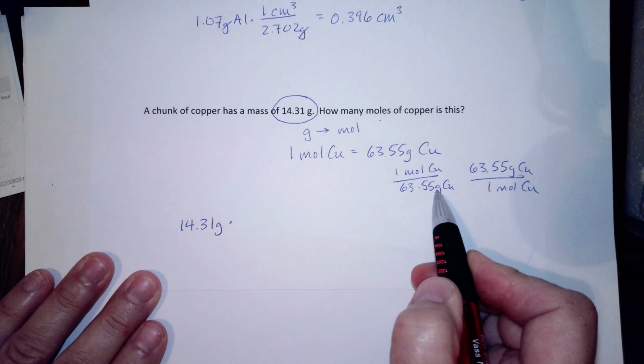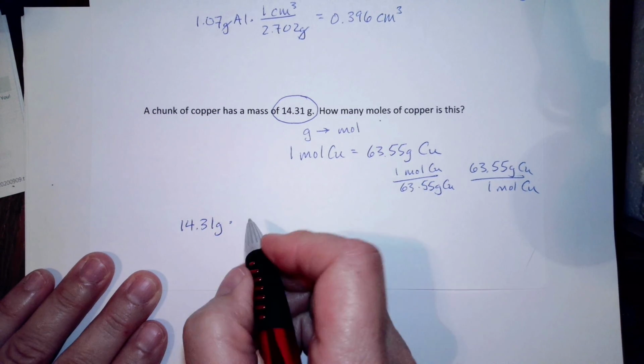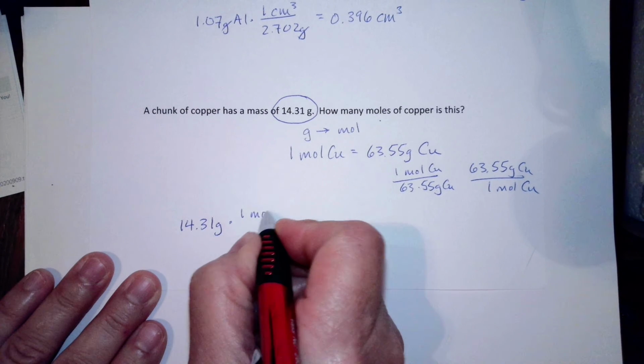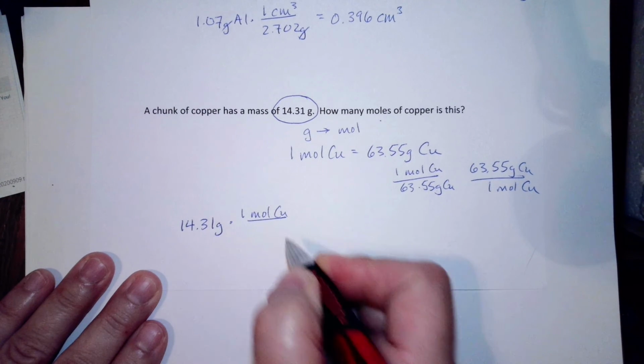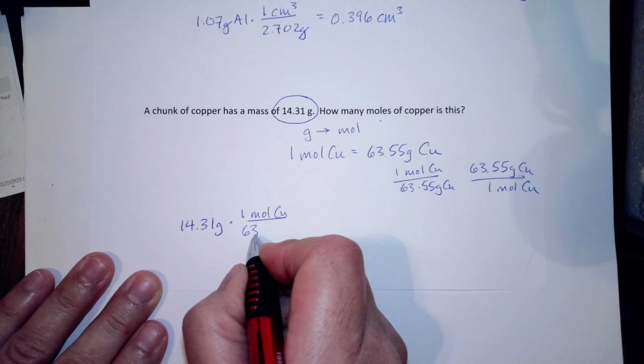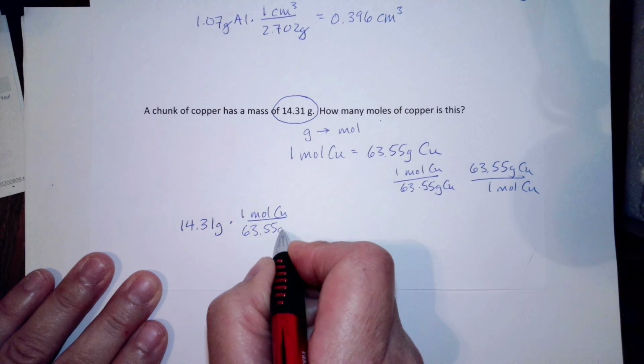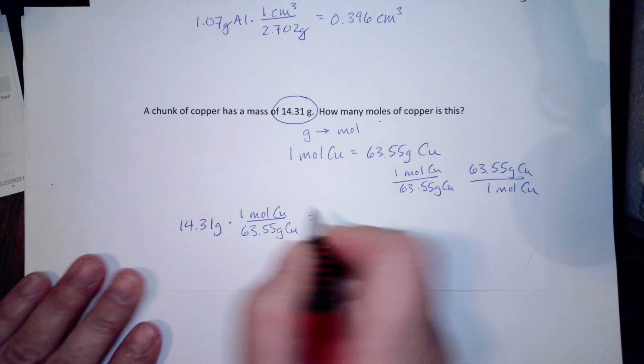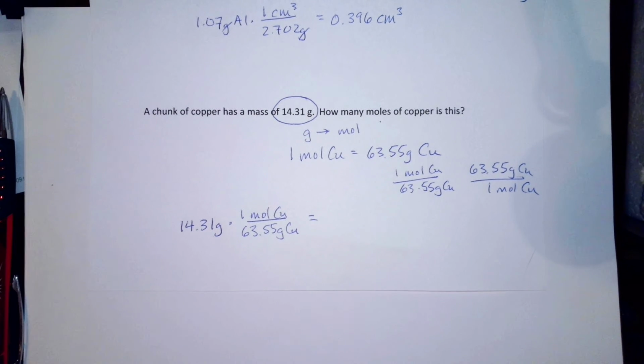So we're going to want grams in the denominator, moles in the numerator. 1 mole copper over 63.55 grams copper. And this is going to be a little less than a quarter, but let me put it in, 14.31. So I just multiply by everything in the numerator, divide by everything in the denominator.